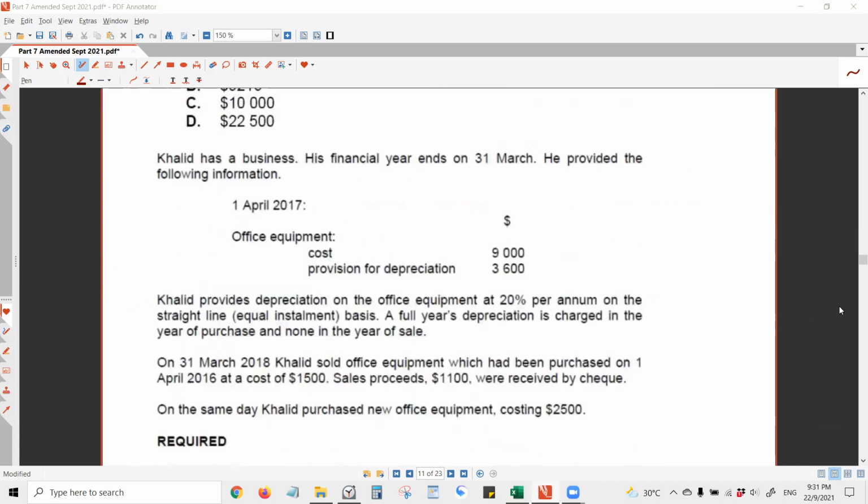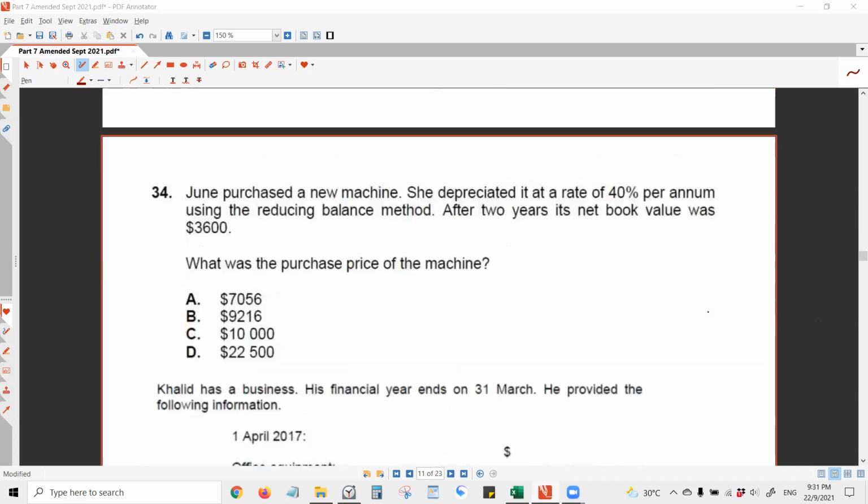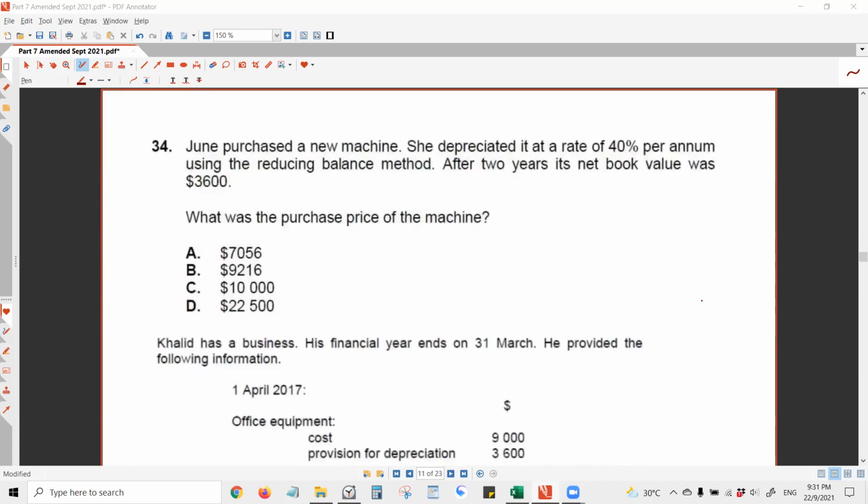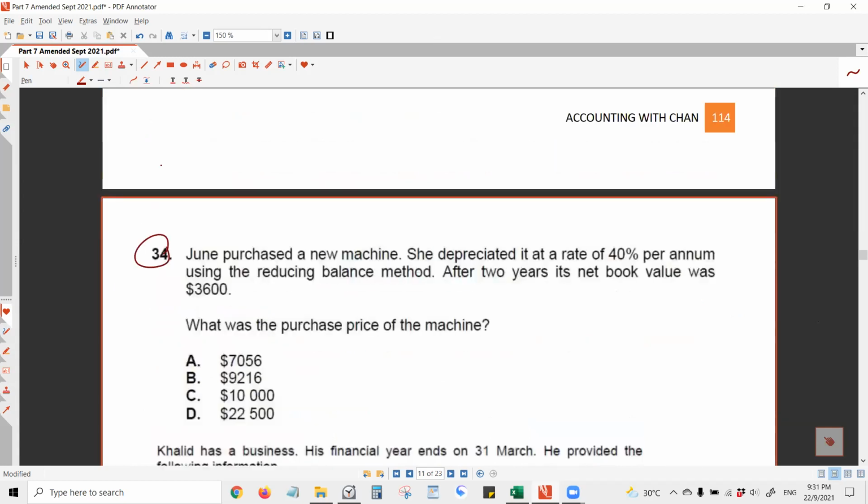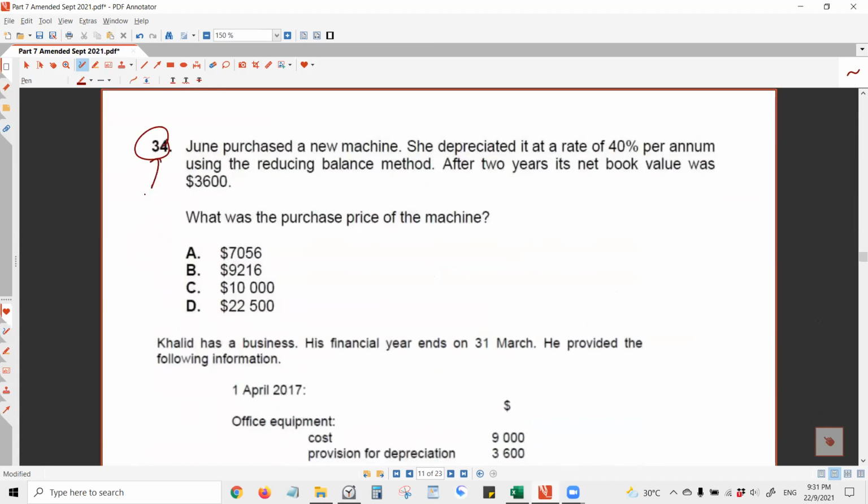Now let's see page 115, question 34. This is your homework also. This is more challenging. This is a very challenging MCQ, but you attempt first. I can give you the hint as to how you solve this. There are 2 methods to solve this.